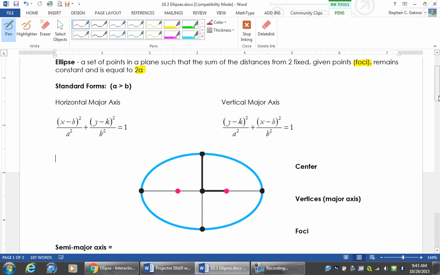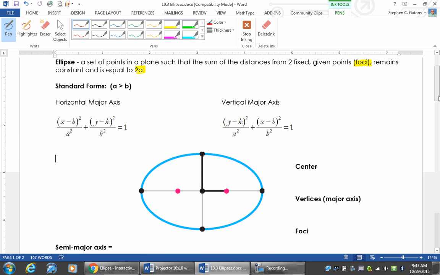So if a is underneath the x, then you use a across the x-axis, right and left. If b is underneath the x value, then you use the value of b to go right and left, and you use the value of a to go up and down. That's what changes the orientation of an ellipse. Not which one's on the left-hand side and which one's on the right-hand side necessarily, but whichever variable it's under, that's the direction that you use.